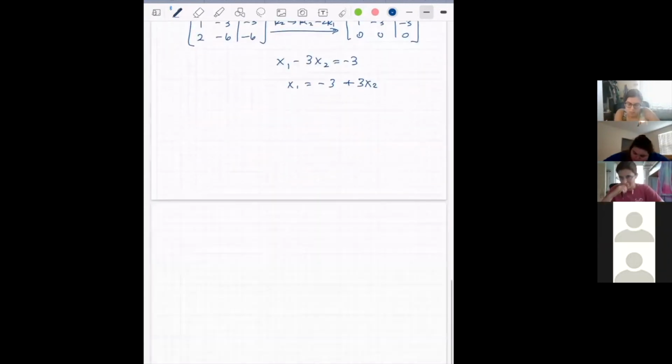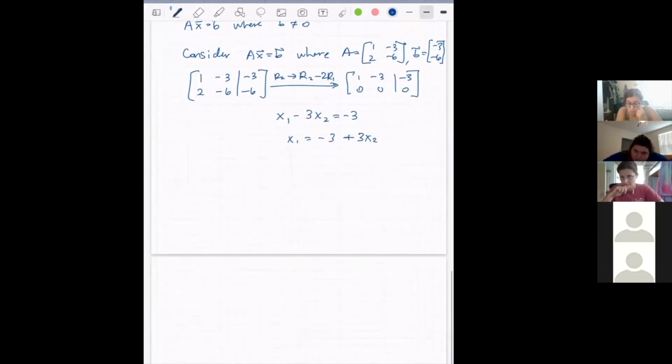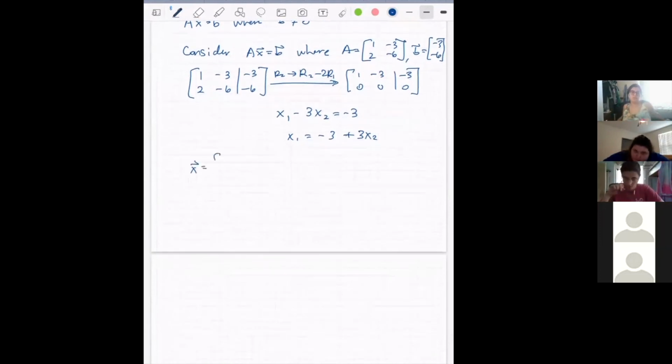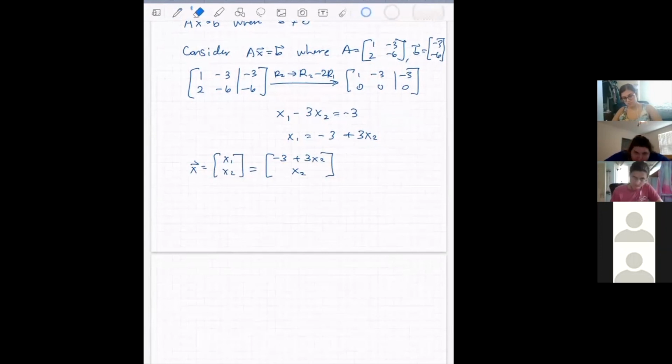Okay. And we use the same process. So here we have our solution. Use this equation to replace x1. And then here we can split this into two vectors, one containing those terms with x2 in them and the other containing the constant terms.